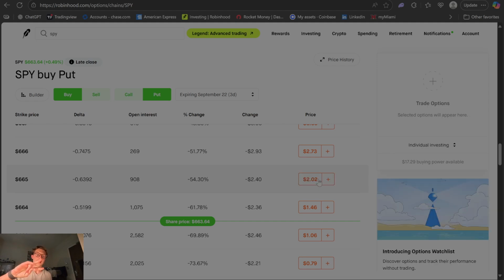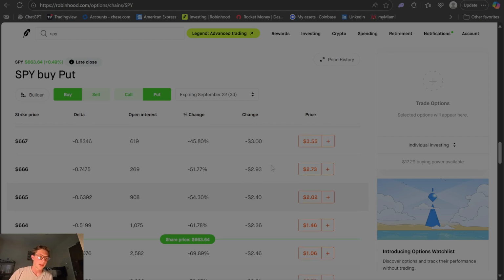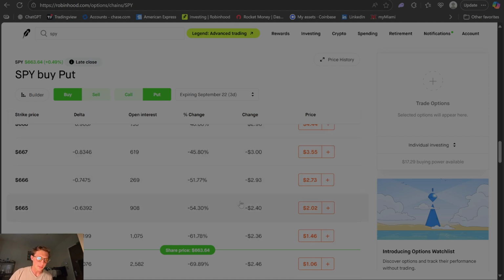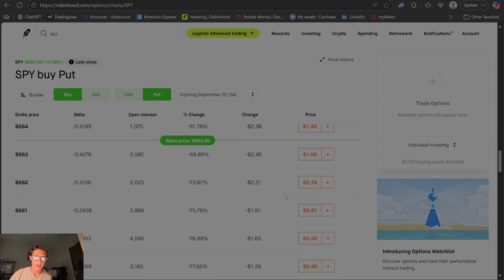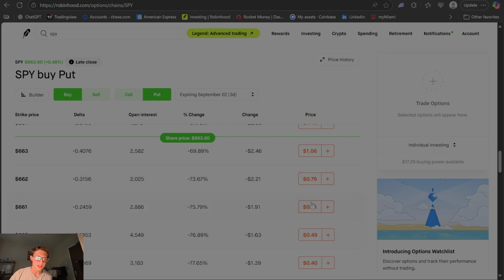Thus, the in the money options and the out of the money options flip when you go from calls to puts. These are now in the money, because it makes sense to sell these shares at a higher strike price, which is why they're more expensive options. And down here, they are less expensive because it doesn't make sense to sell your shares at 660.